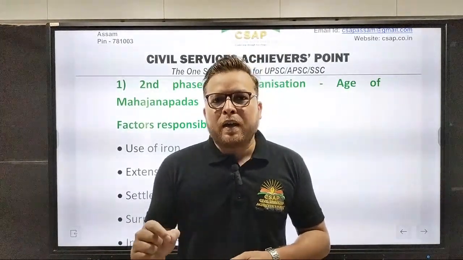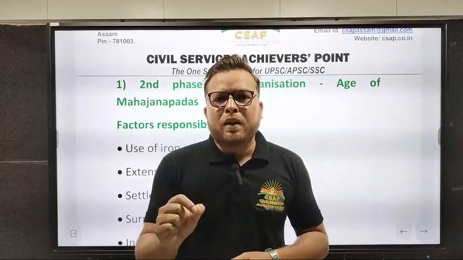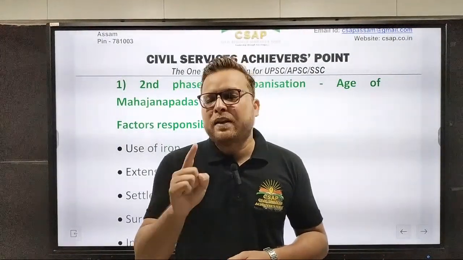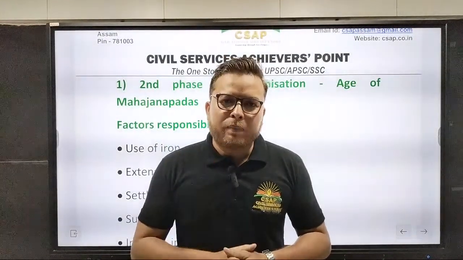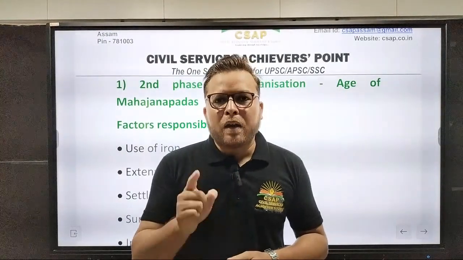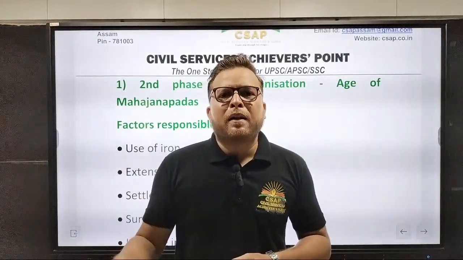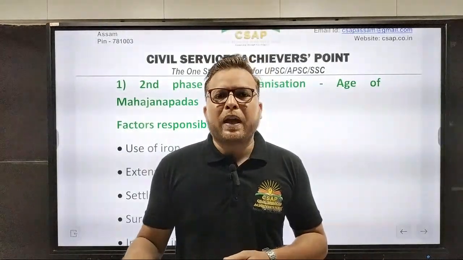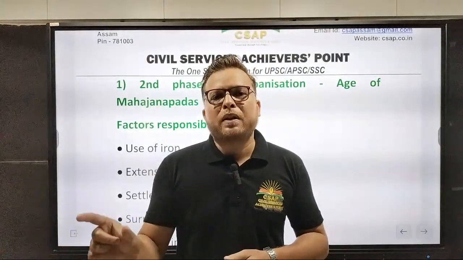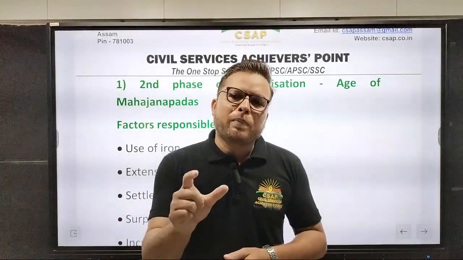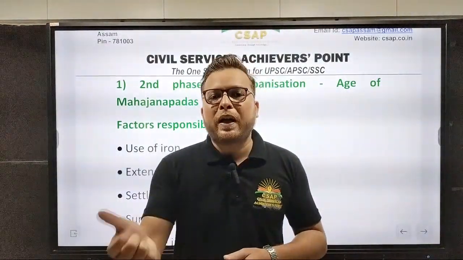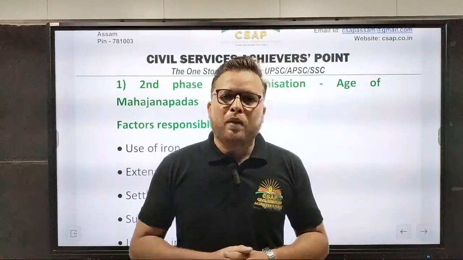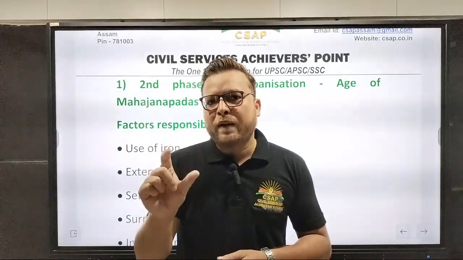From Prayagraj starts the Middle Gangetic Plain and it goes up till Patna, and from Patna till the point Ganga drains into the Bay of Bengal, the entire area is known as the Lower Gangetic Plains.